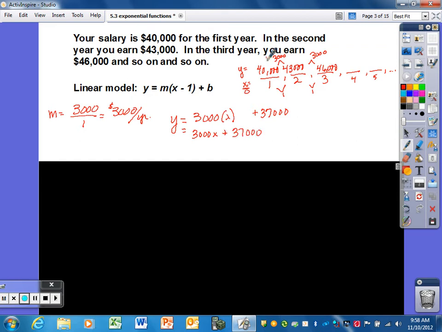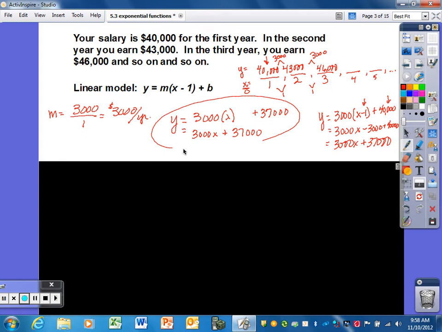Since I didn't have year 0, I had year 1, that's how come I put in the 1, and I would get to the same place. 3,000 times x minus 1, and at 1, I had 40,000, which gives me 3,000x minus 3,000 plus 40,000, which is my 3,000x plus 37,000. So you can either count back your slope, or you can stick in your point that you have, and you get the same equation.